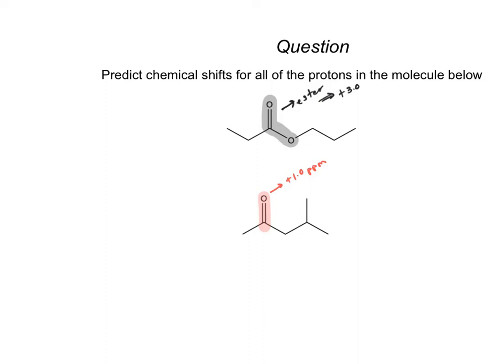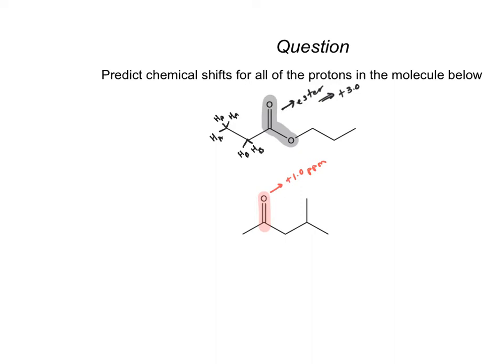Okay, so let's go over these. Again, the first part of this is knowing where all the protons are. So we have a methyl group at the end. All 3 of these protons are going to be one signal. We can call them HA. We've got a methylene group. There is no chirality center in this molecule, so these are going to be chemically equivalent to one another.